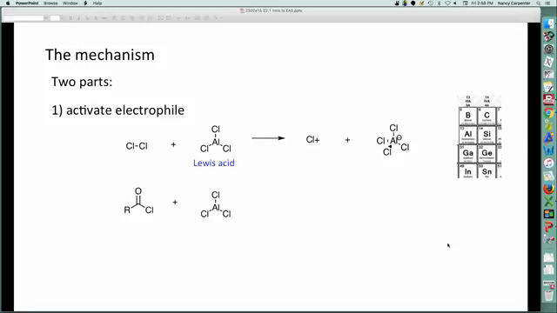Heck, I can even do this with an acyl chloride. Now, we know acid chlorides are pretty darn reactive to begin with, but if I just coordinate my chlorine to the aluminum to get this crazy aluminate over there, I can then use the lone pair on my carbonyl to pop that chlorine off and make this guy super electrophilic.